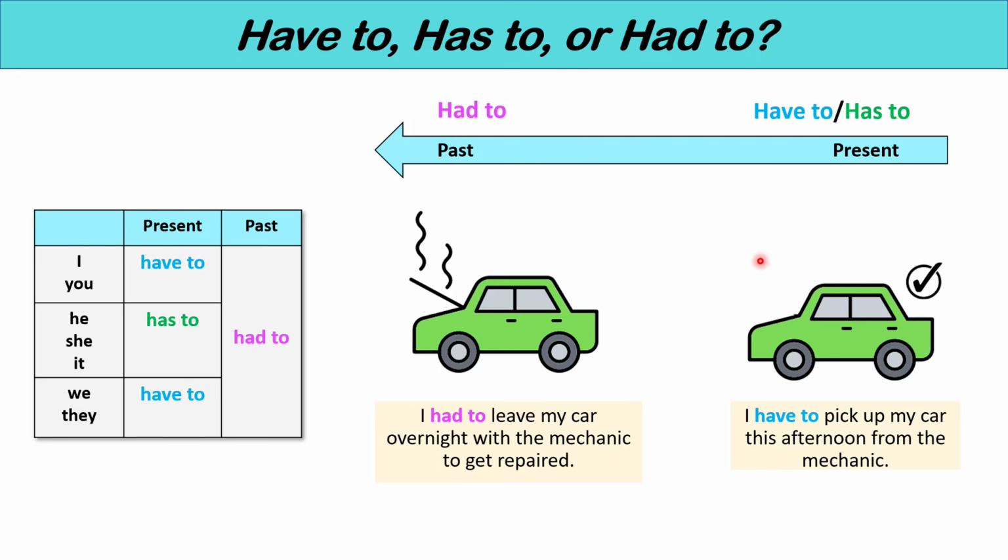And now, today, in the present tense, I could say, I have to pick up my car this afternoon from the mechanic. So have to, in the present tense, is talking about something that is necessary or an obligation I have to do now, and had to refers to the past, yesterday, last week, etc.